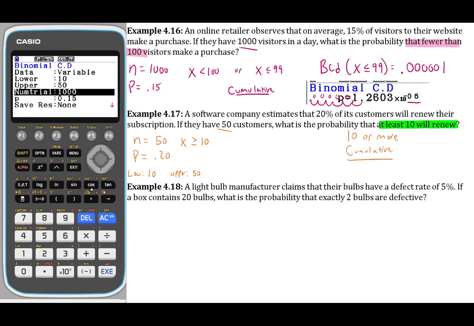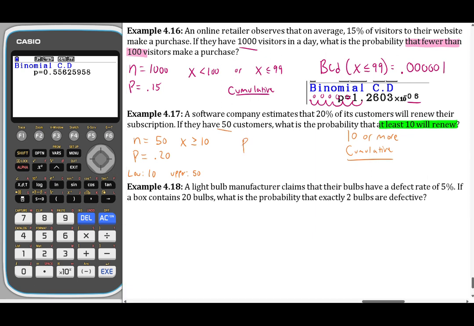Our number of trials is 50, our sample size, our n value is 50, and the probability that any one customer renews their subscription is 0.2. And we get the probability that x is greater than or equal to 10 is 0.5563, because the 5 rounds the 2 up.